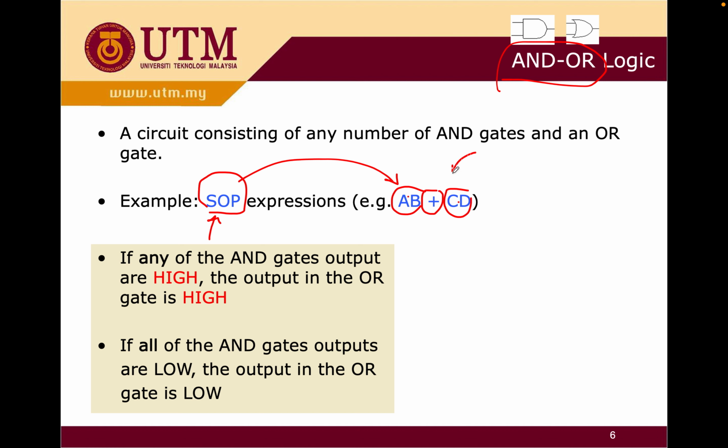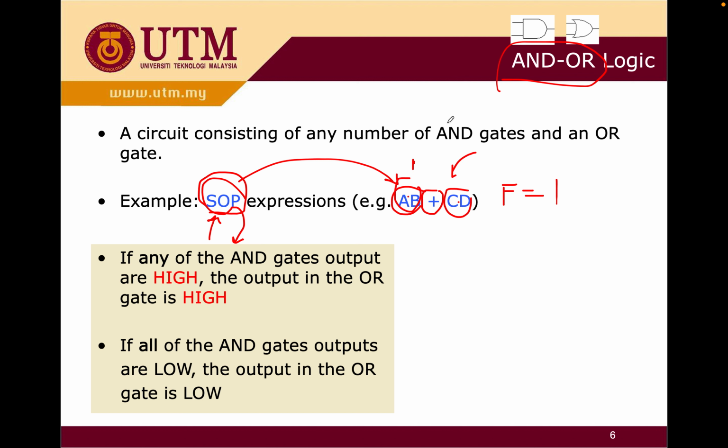And when you have these possibilities of SOP, if you still remember, the output is equal to 1 if at least one of the product terms, or one of the AND gate outputs, is 1.